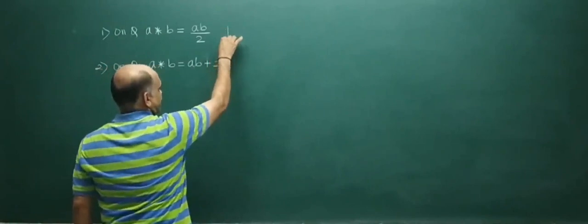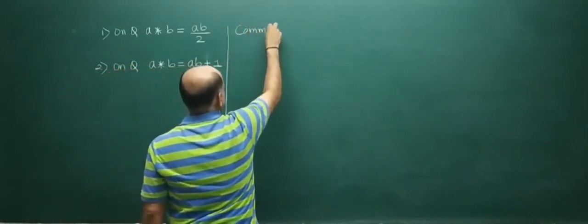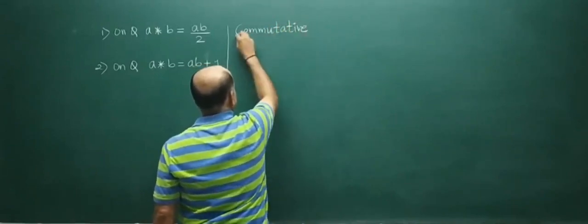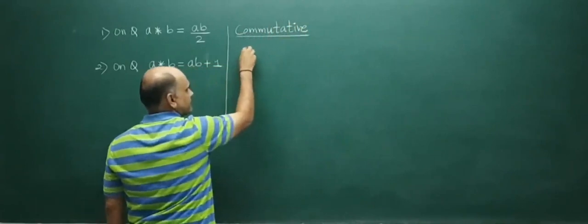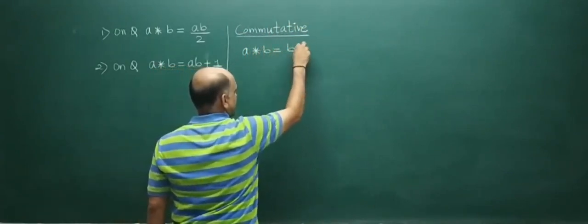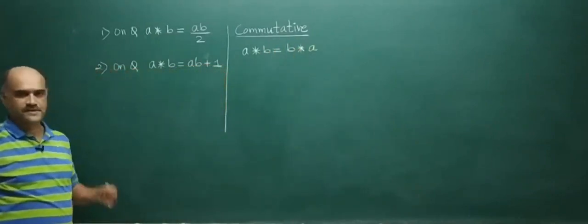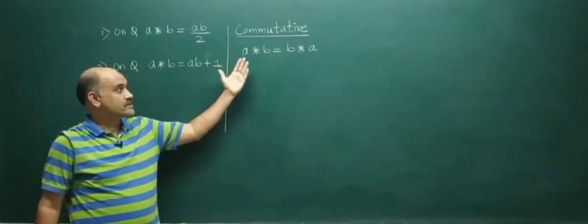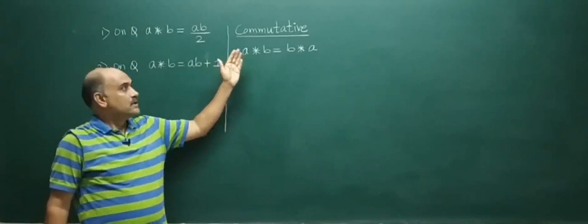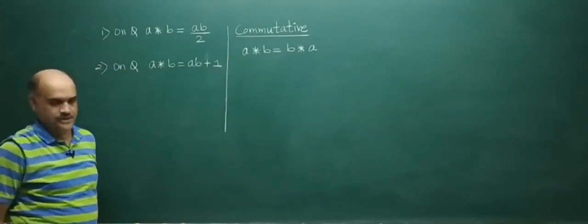So first one I will take. When do we say the given operation is commutative? We say the given operation is commutative when A star B is equal to B star A. In school days you have studied A plus B is equal to B plus A, or A into B is equal to B into A. Similarly in binary operation.